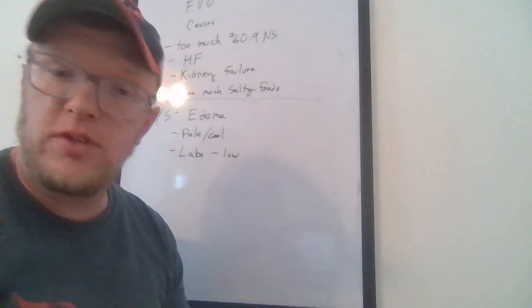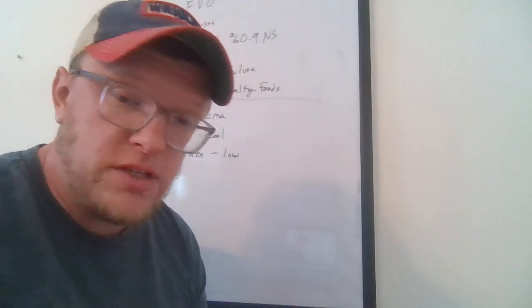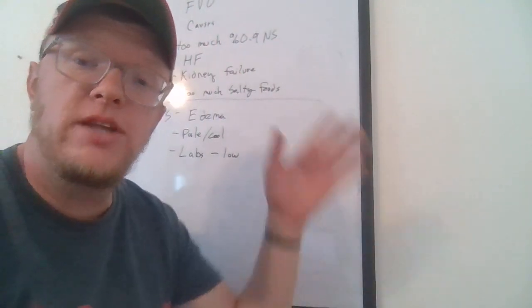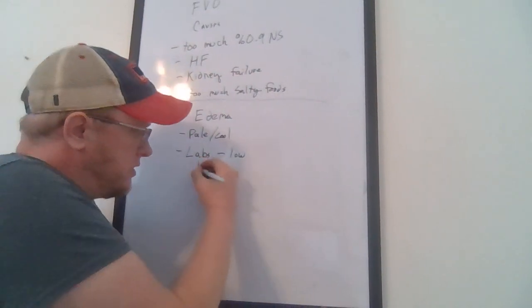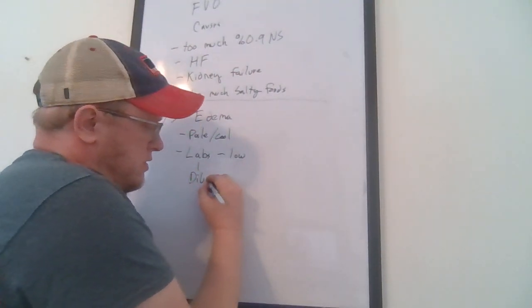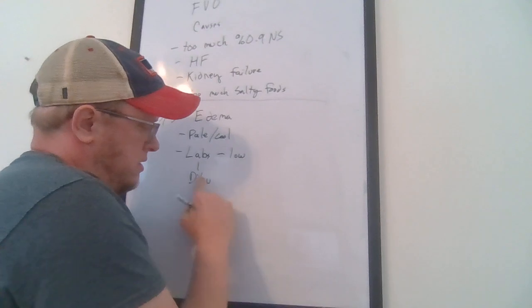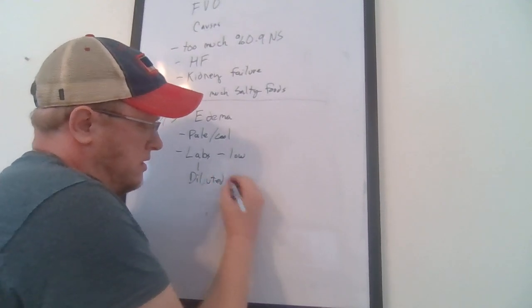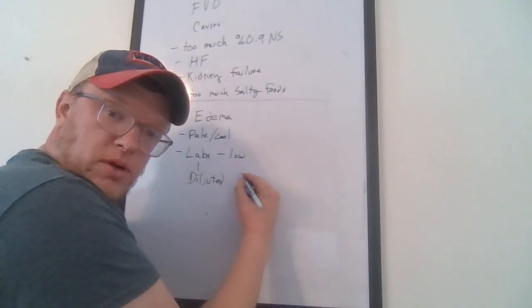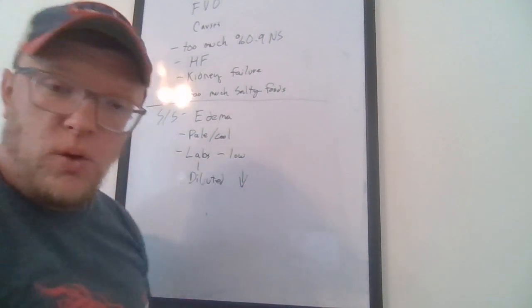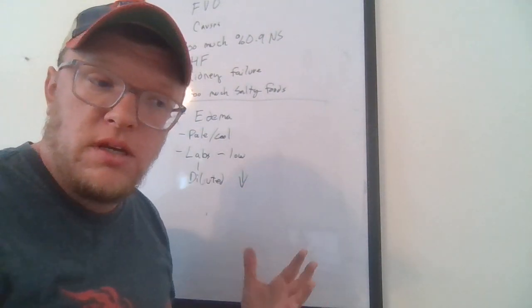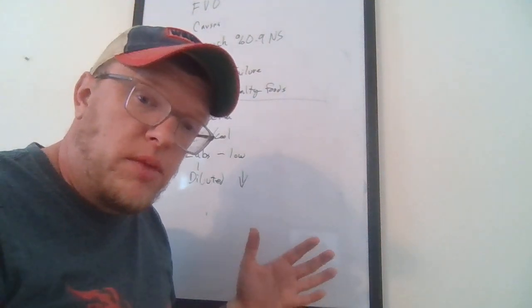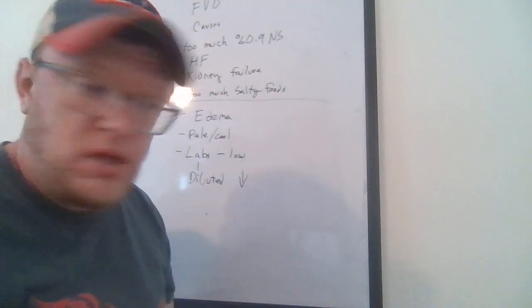Just like I said, the person that's got fluid volume deficit or is dehydrated, their labs are going to be high and dry. They're going to be elevated because they're concentrated. Well, here the labs are going to be diluted. So the number is going to be low because there's more fluid and the concentrates inside of it are going to be a smaller amount compared to the amount of fluid.